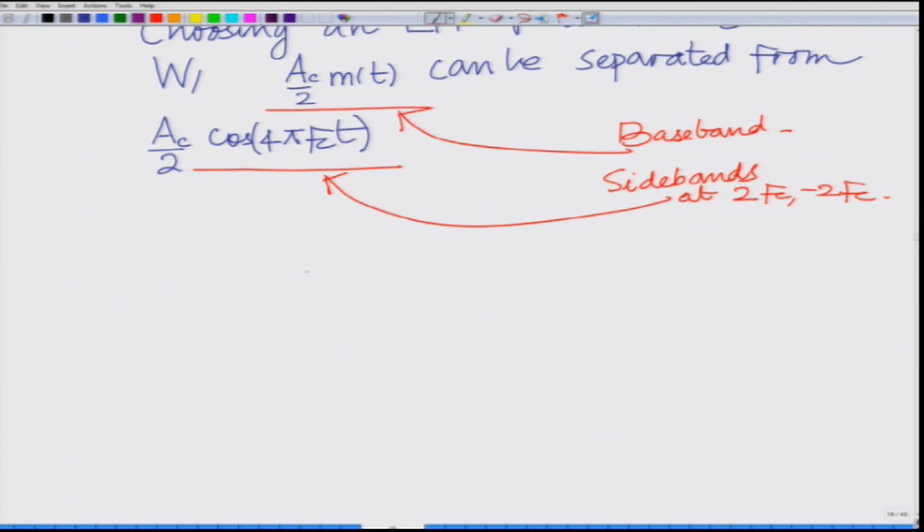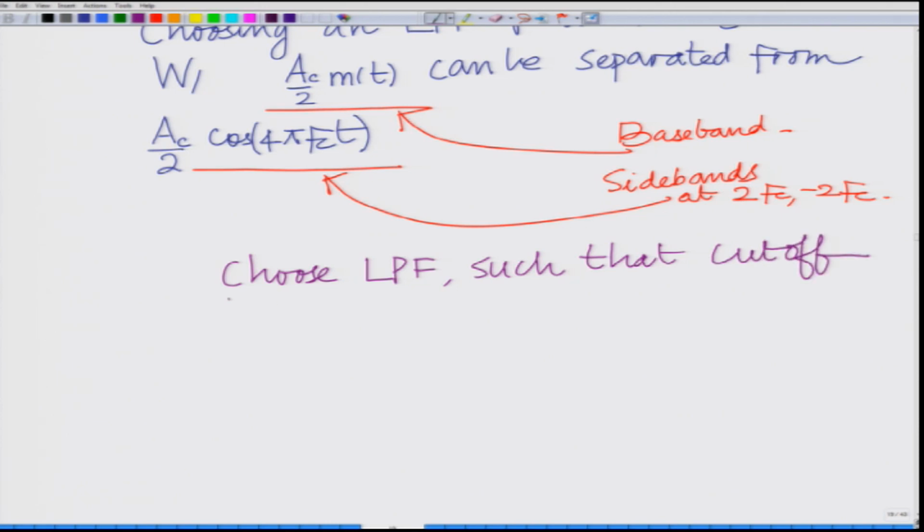is chosen such that the cutoff frequency W must be greater than Fm.